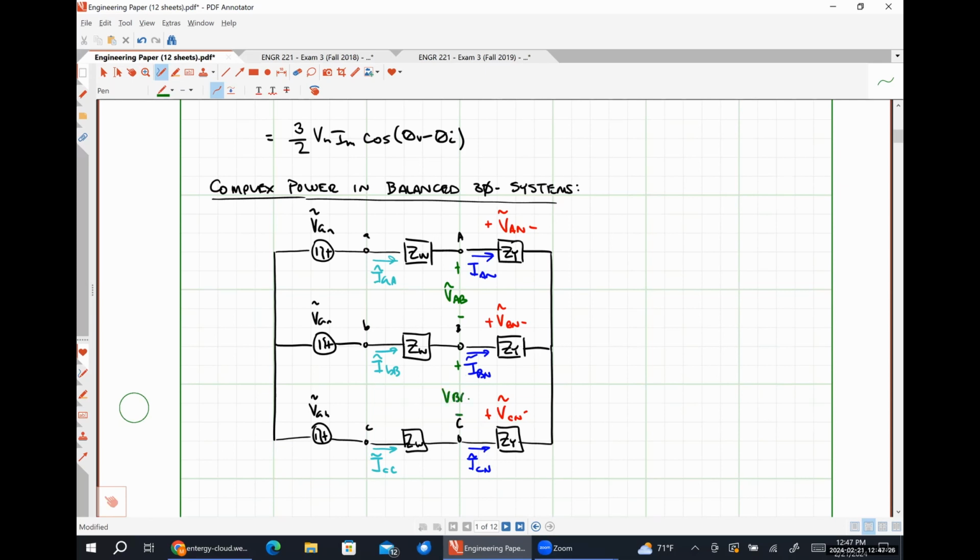Because this is getting busy enough, I'm not going to explicitly draw the voltage VCA, but we all know that it lies between the C transmission line terminal and the A transmission line terminal.